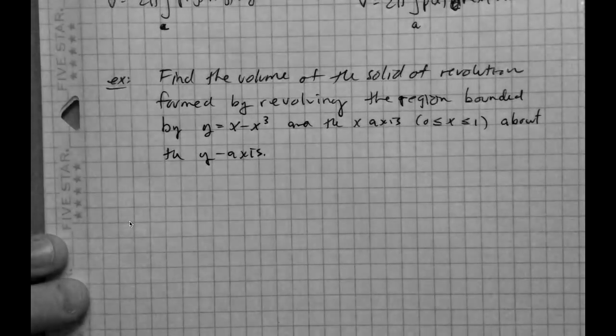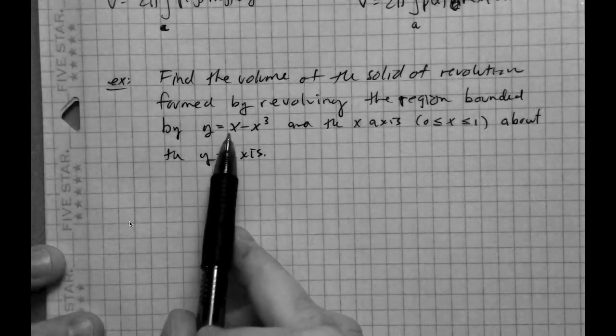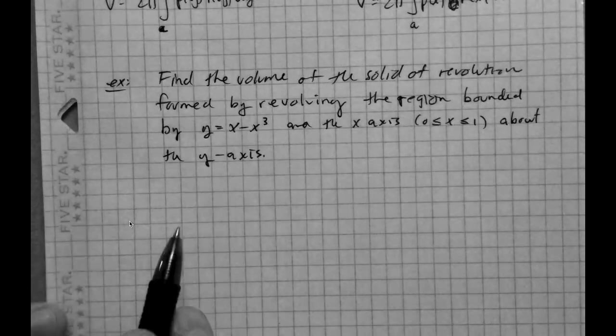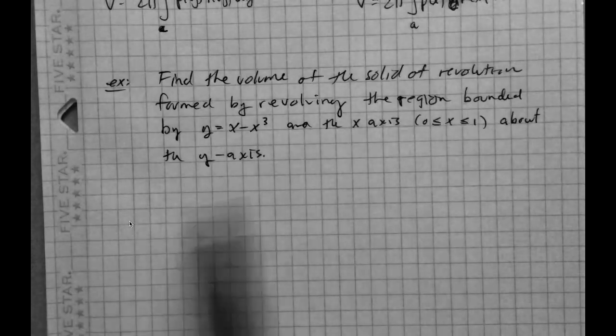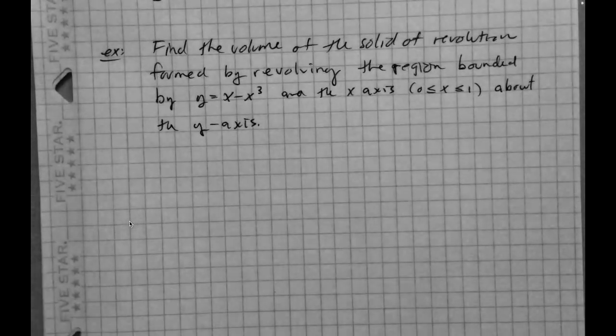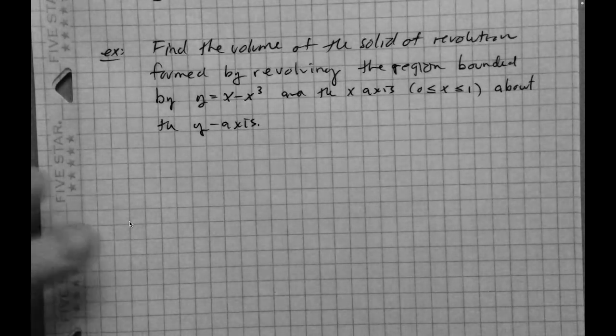So we've got this function y equals x minus x to the third power, and it and the x-axis define a region, and we're going to spin that region around the y-axis. We just want to know the volume of the resulting solid of revolution.